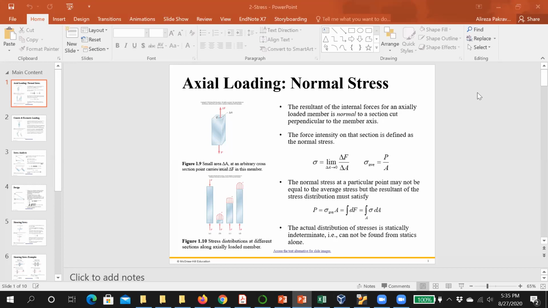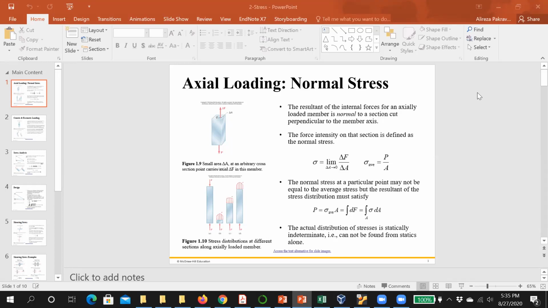But then in ME304, in materials, we want to see the behavior of that. Now we know the force from statics, and we have one element, maybe built from steel, and we also know the size of its cross section.